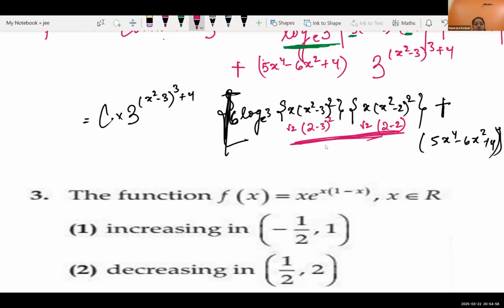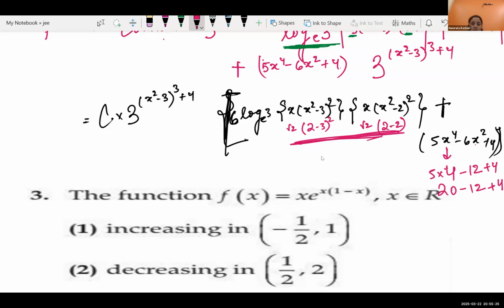The next term, if we take root 2 over here, root 2 to the power 4 will be just 4, right? If we take root 2 square over here, it is just 2. So 20, and here we are getting minus 12, and this is 4.